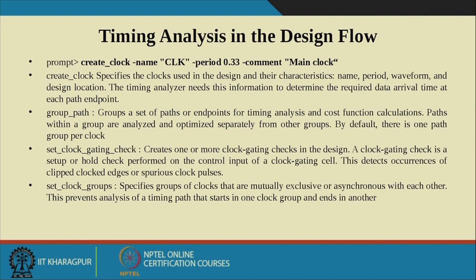Another clock that is not mentioned, like clock 1 source, clock 2 source, clock 3 source, you can also mention. You can set the group path, then set clock gating. Clock gating circuits we do generally for low power design. Then set clock groups, if multiple clocks are available to you.